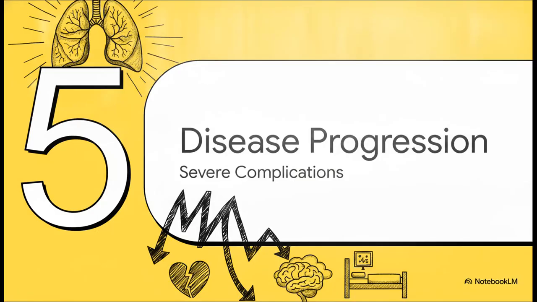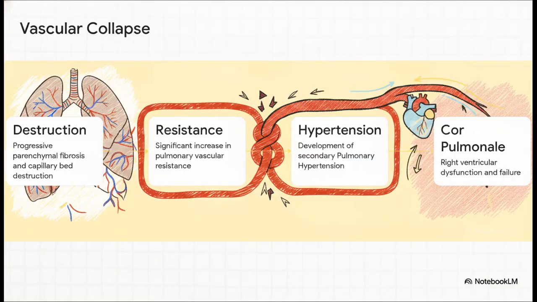Which brings us to our final section, Section 5, Complications and Disease Progression. Unfortunately, despite our absolute best interventions, these diseases can aggressively progress. Let's trace the pathway of cardiovascular collapse. Step 1. As the parenchyma turns to scar tissue, the delicate pulmonary capillary beds are physically destroyed. Step 2.